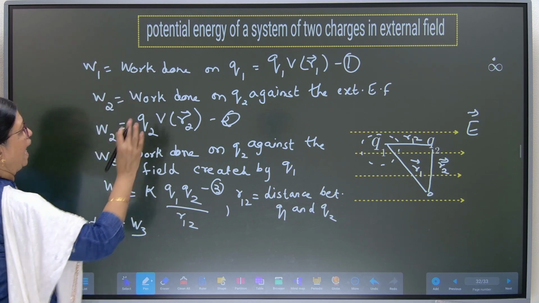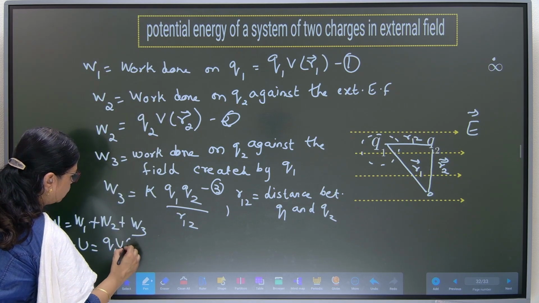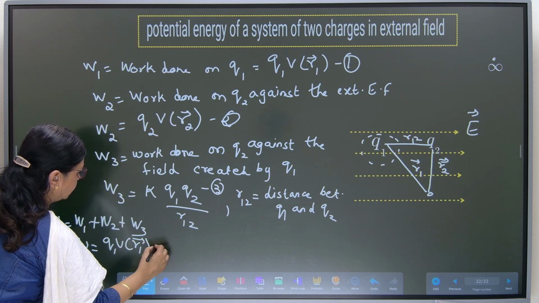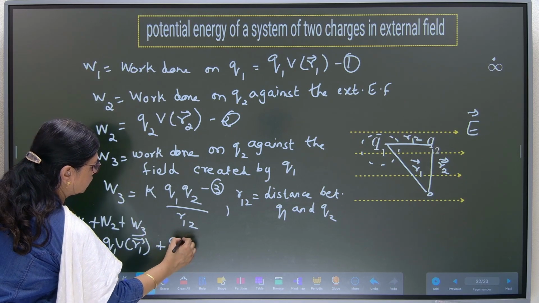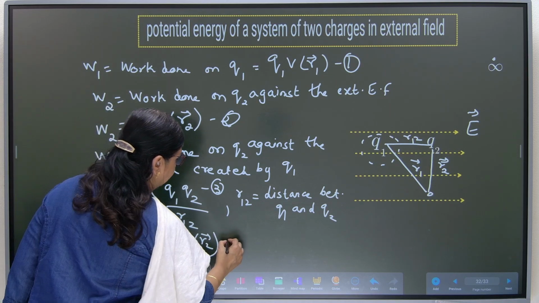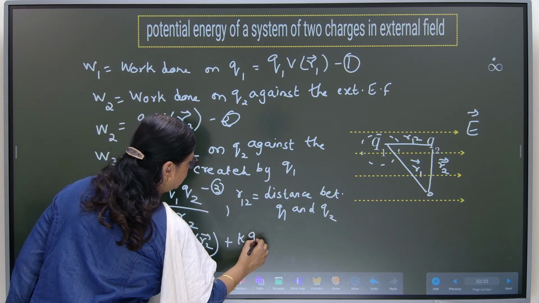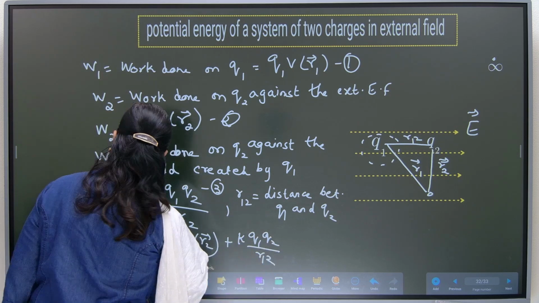We will just add what we have in equation 1, Q1 V(R1), plus equation 2, Q2 V(R2), plus K Q1 Q2 by R12.